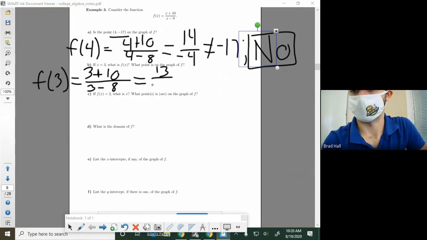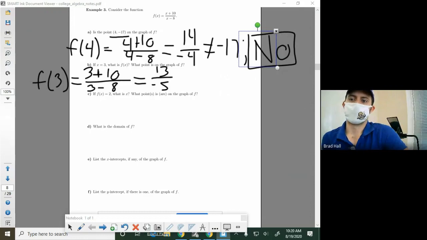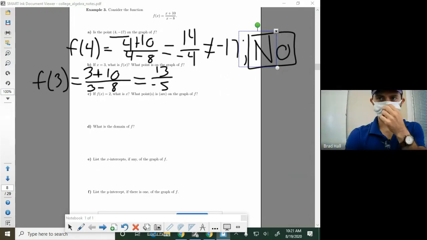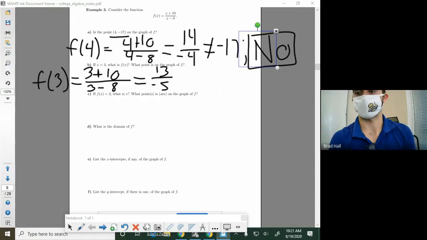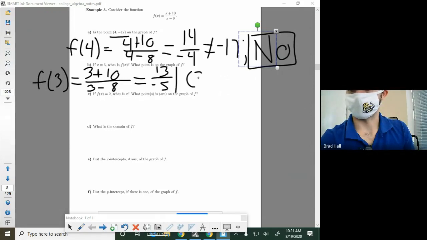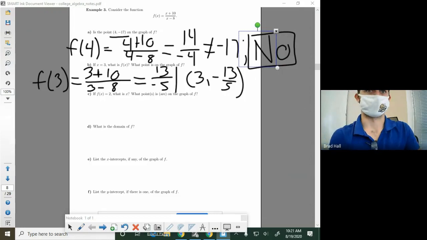The bottom, we get -5. And so that is the y value, -13/5. It goes on to ask what the point on the graph is, so what is this point as an ordered pair? We plugged in 3 for x, and we got -13/5 for y. And notice I put the negative sign in the front. It means the same thing.